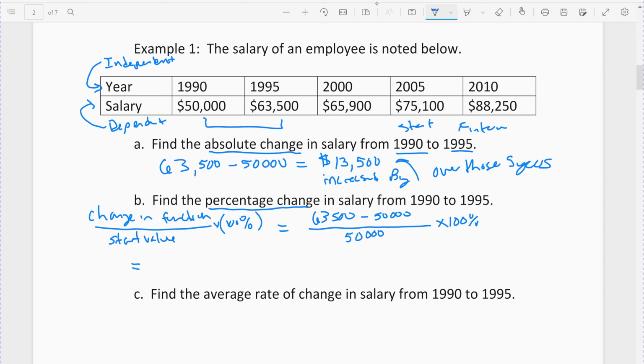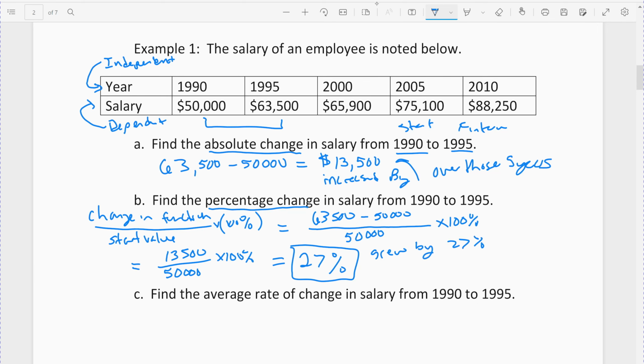So it was 13,500 divided by 50,000 times 100%, and it comes out 27, rounding to the whole percent. And so the salary grew by 27%.